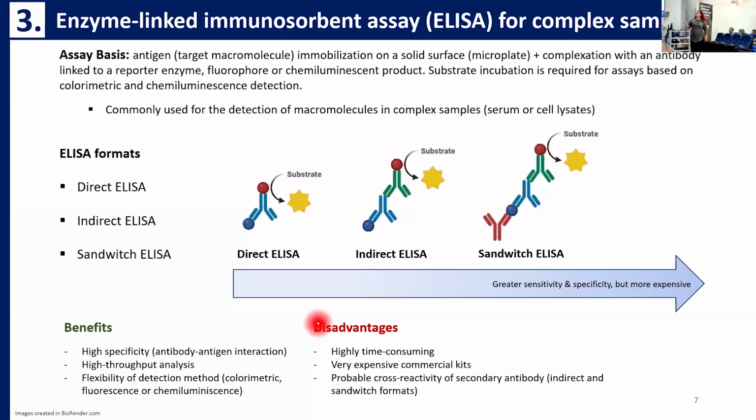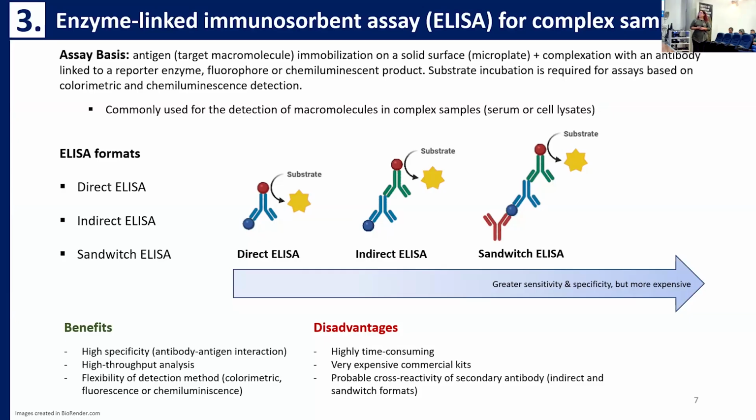Also, we can go to the sandwich ELISA, where, normally, these kits are done in multi-well plates, with 96 wells. In the plate, we already have a specific antibody for the macromolecule that we want to analyze, and then we have, again, two different antibodies for the analysis.